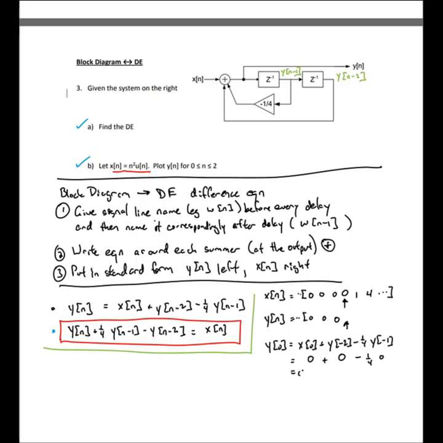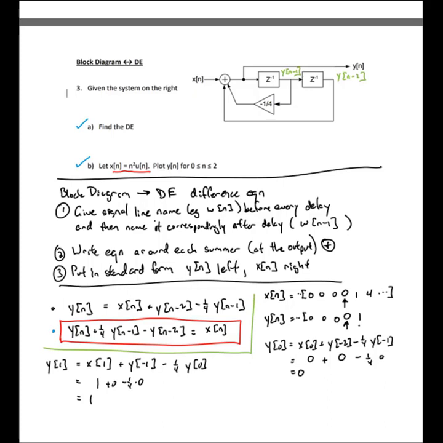And so that's going to be 0, so our y of 0 is going to be 0 too. That's not going to be true for our y of 1. That's going to be x of 1 plus y of negative 1 minus 1/4 y of 0. So x of 1 is 1, y of negative 1 is still 0, and y of 0 is still 0. So now we get 1.